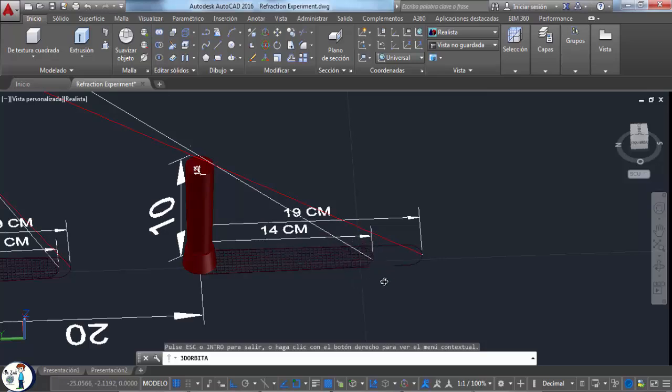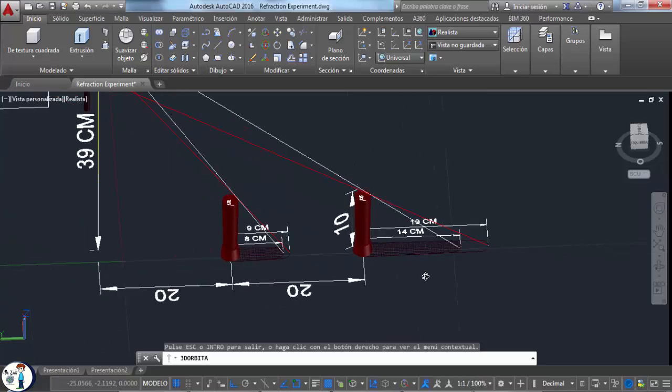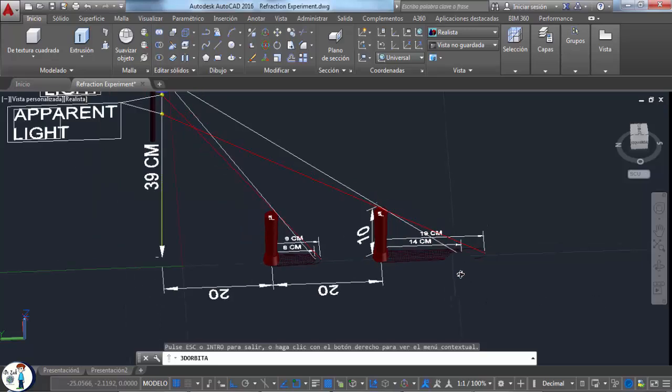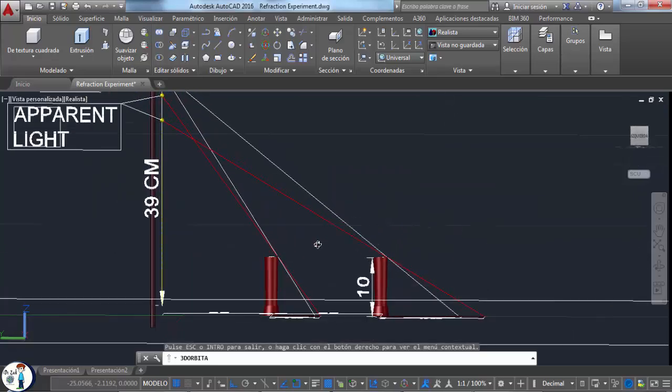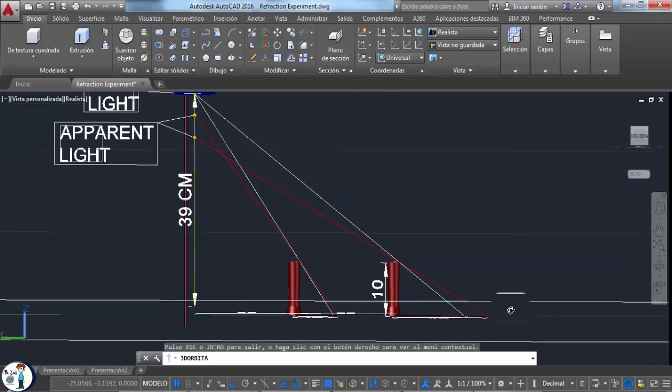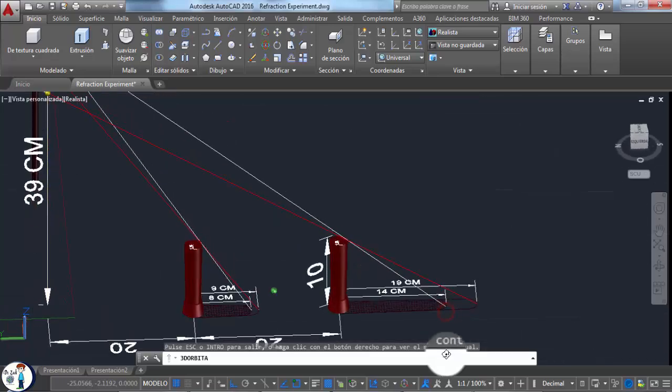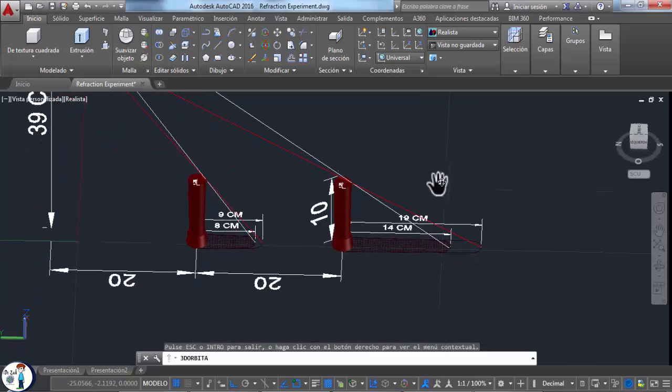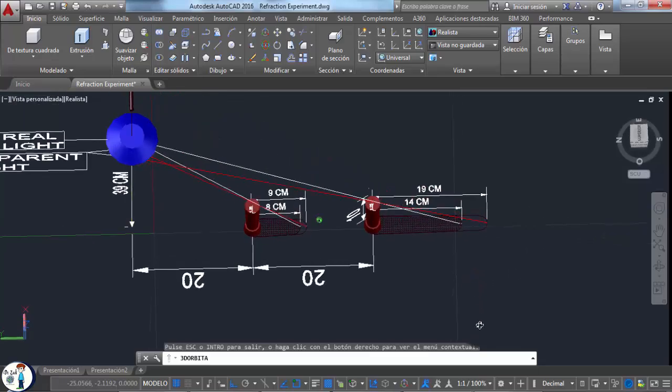But I think that it should be longer than 15 centimeters because the distance is longer, so the shadow after we add the water, of course, would be even longer, because water will lower the apparent light, so the shadow that the apparent light is going to cause will be longer than that. So I expected it to be 19 centimeters. So let's do the experiment to make sure if I am saying the truth.